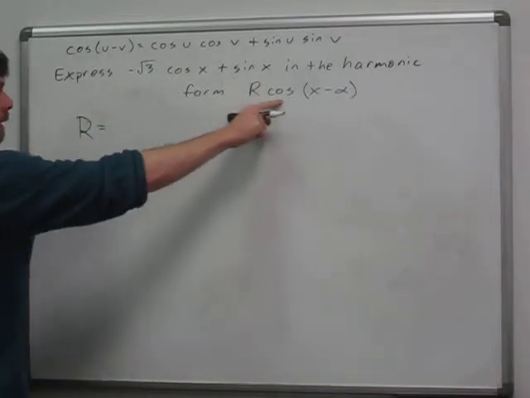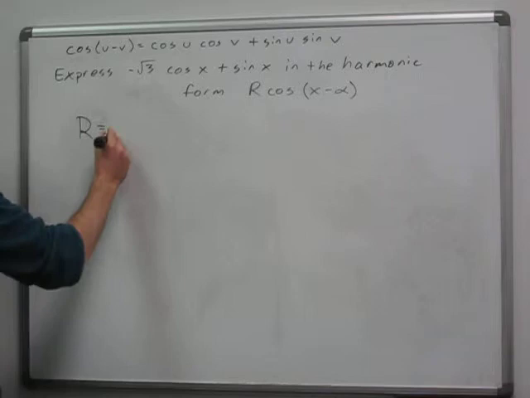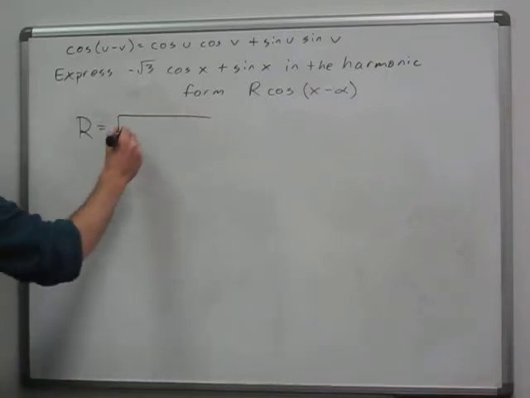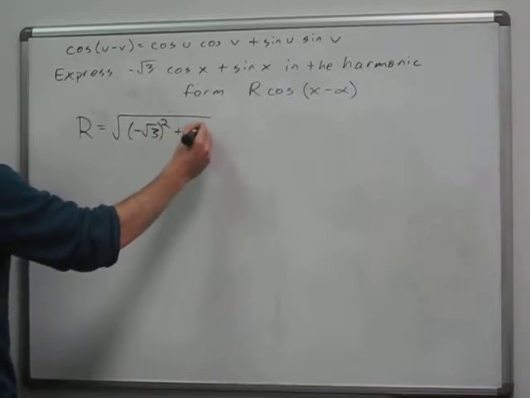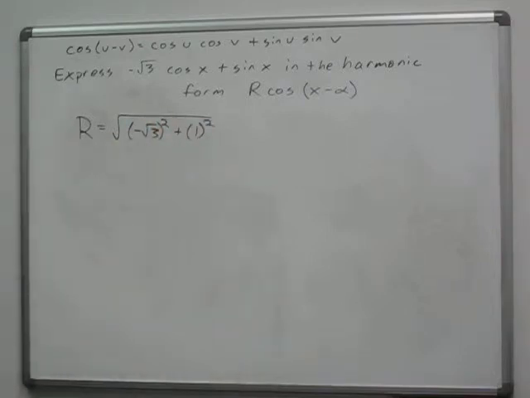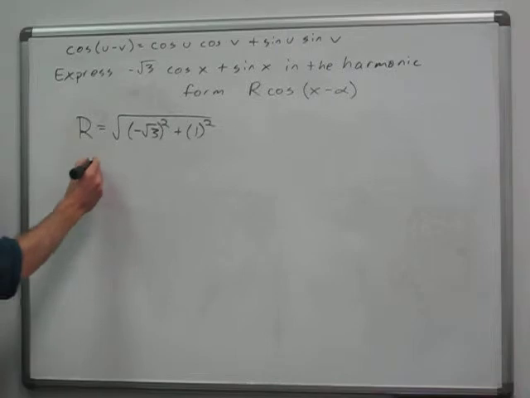For the amplitude in this harmonic form, we went with the square root of the coefficient on cosine squared plus the coefficient on the sine squared, and we ended up with an amplitude of 2.